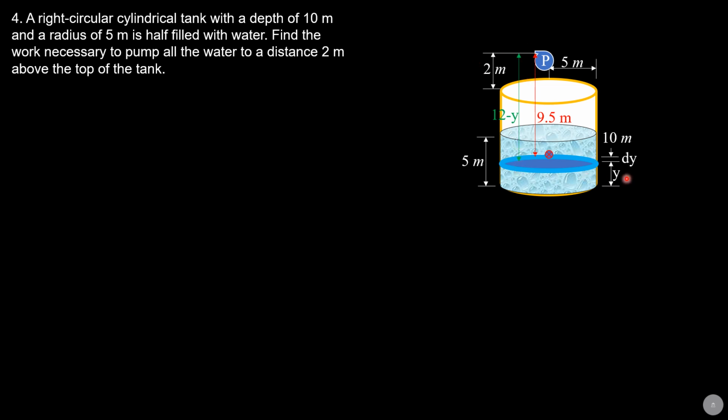So if we denote this as y, then the distance of the centroid of this differential element to the point of disposal would be 12 minus y. Why 12 minus y? The height of the tank is 10 plus 2, that's 12. And because this is y, so that distance would be 12 minus y.